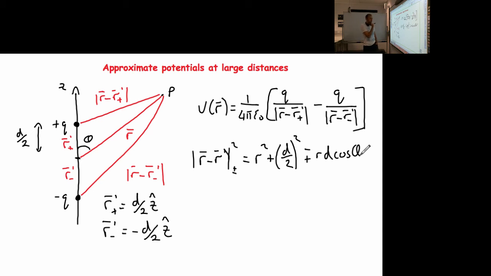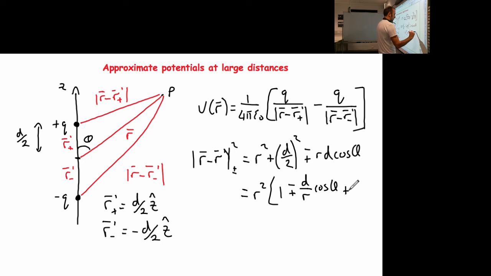Let's take the R squared outside, so we have r squared times 1 minus or plus d over r cos theta plus d squared over 4 r squared.